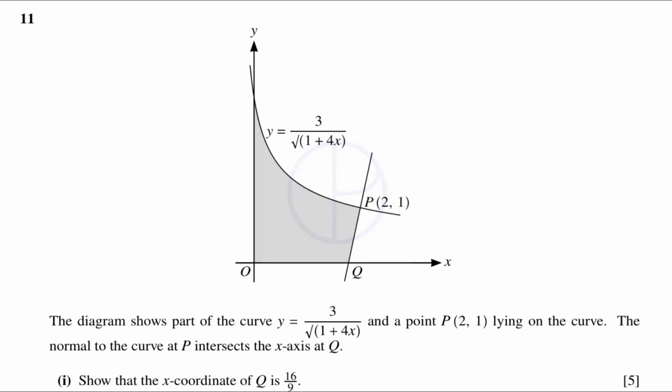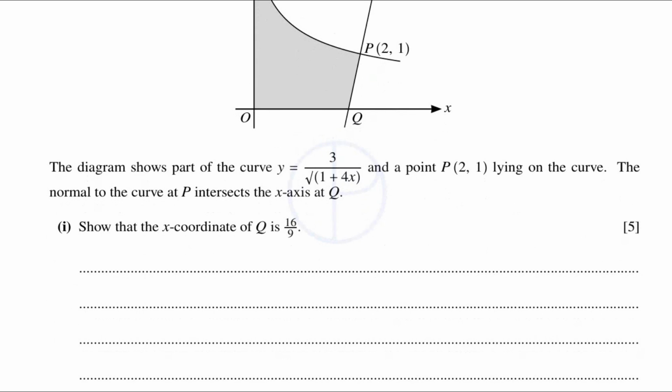So to find the equation of the normal, first let's find out the gradient of the tangent at P by finding dy by dx. Okay. So let's write y as 3 multiplied by (1 plus 4x) the whole power negative 1 over 2.